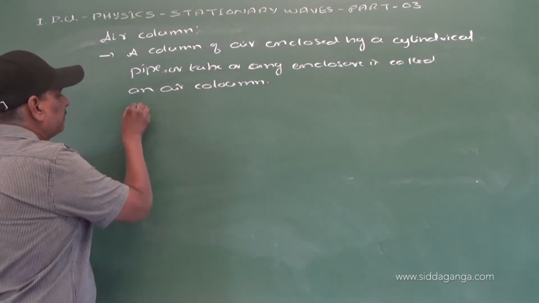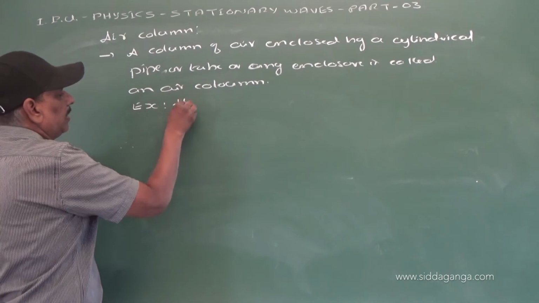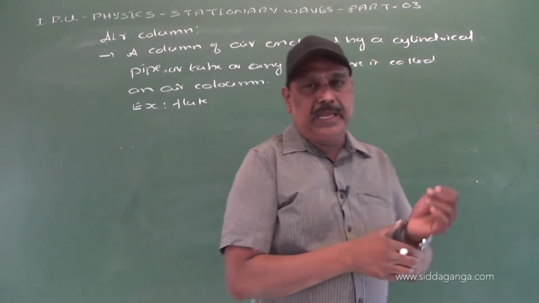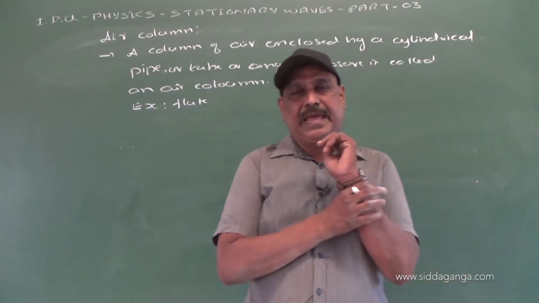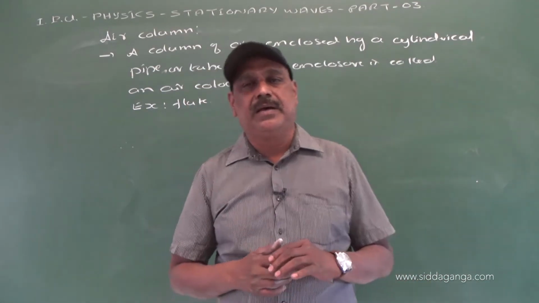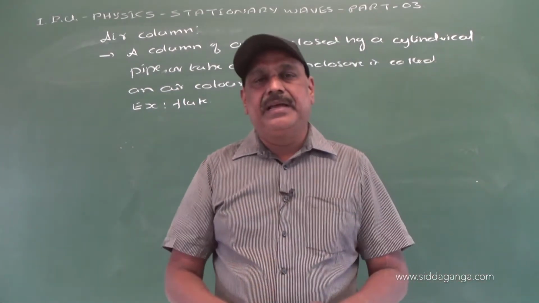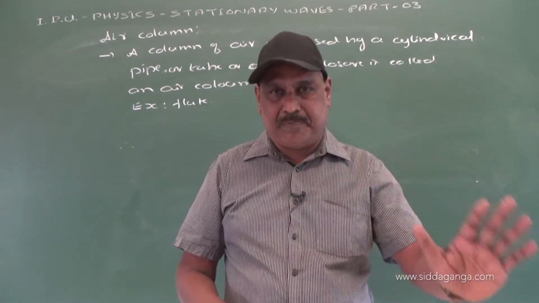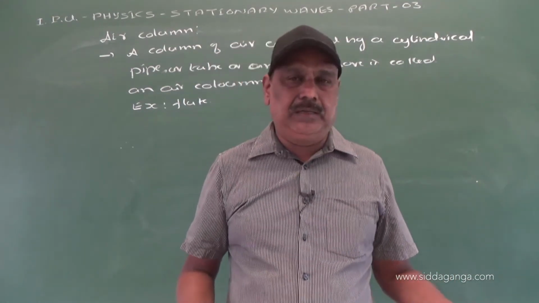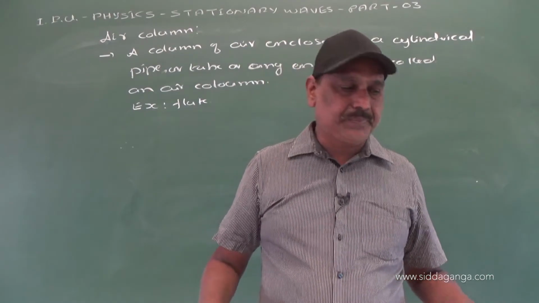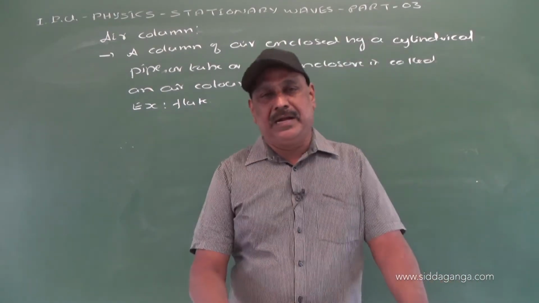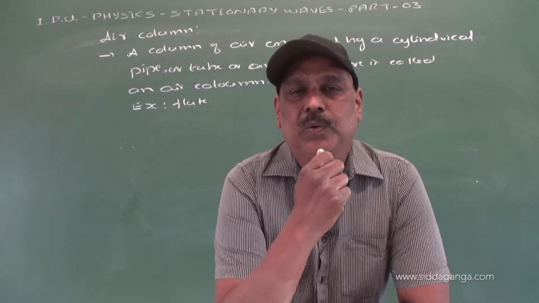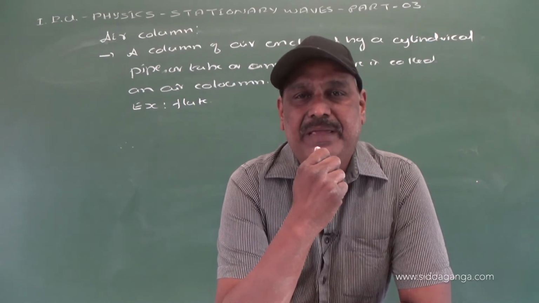For example, we can take a flute. A flute is an air column because it encloses air inside it. It is a cylindrical shaped tube or pipe. Even the shahanai, trumpet, and generally when we blow air into a pen cap, we can produce sound.